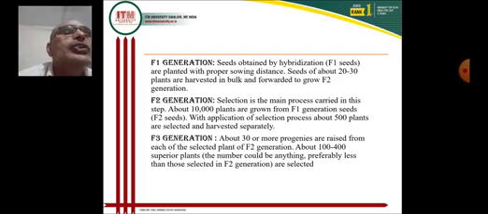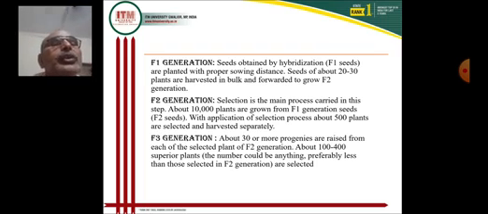So in F2 generation, selection is the main process carried in this step. About 10,000 plants are grown from F1 generation seeds. With application of selection process, about 500 plants are selected and harvested separately.